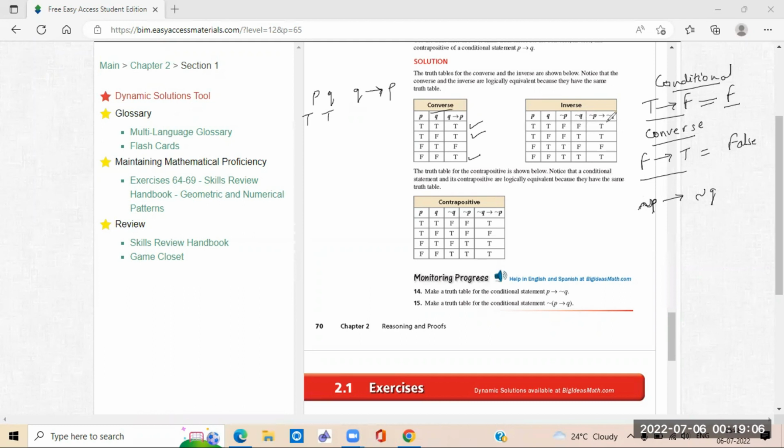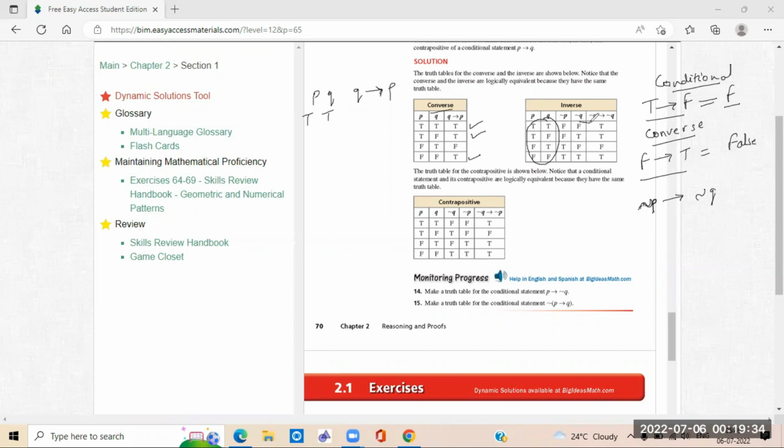Not P implies not Q. So P is true, Q is true, then not P is going to be false, not Q is going to be false. P is true and Q is false, false and true. You have to just take the opposites of P and Q. If P is true, not P will be false. If Q is false, not Q will be true. False true will be TF and FF will be TT.